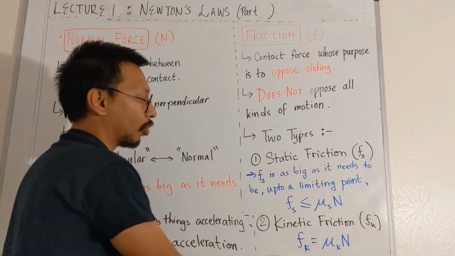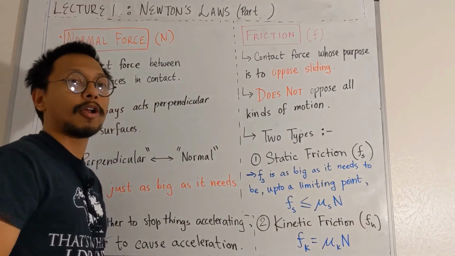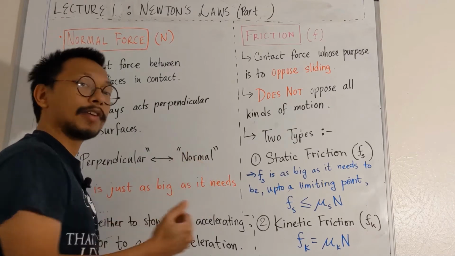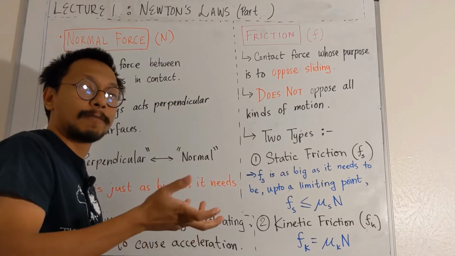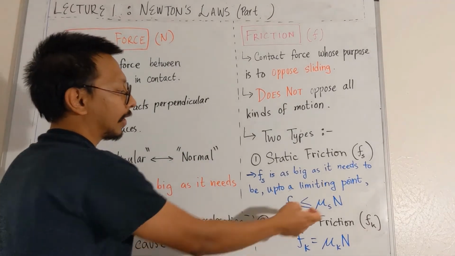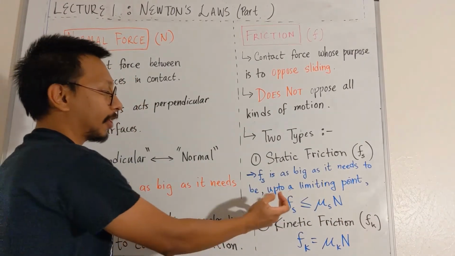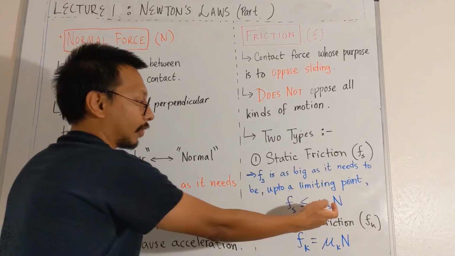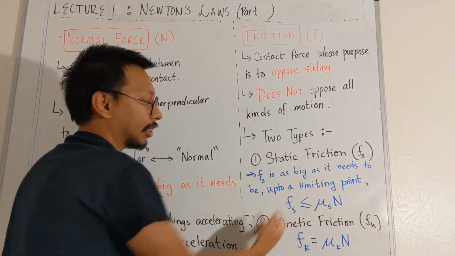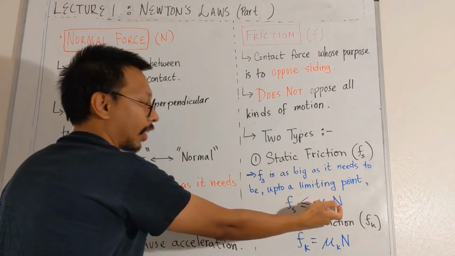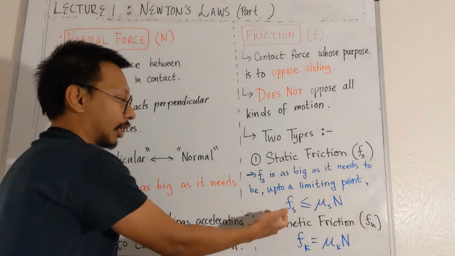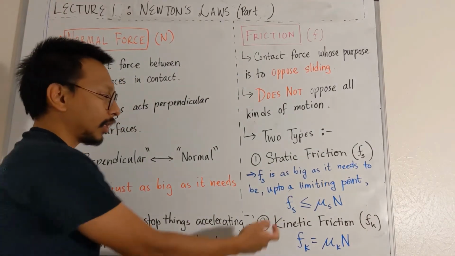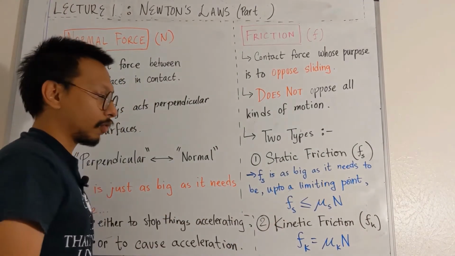So both mu s and mu k depend on the surface in question and the property of materials. And N is the normal force. So we can see that friction is directly related to the normal force. If you have a higher normal force, you would also have a higher frictional force.